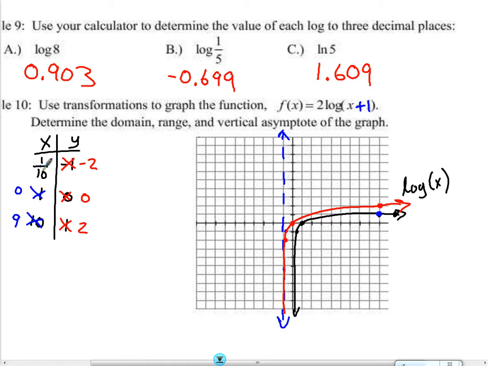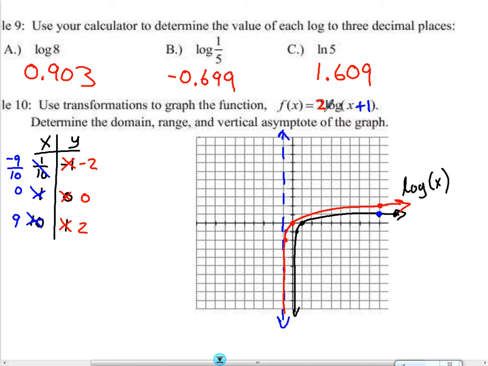Yeah, negative 9/10. So everybody okay with the blue values changing because of the plus 1, and the 2 changing the y values to stretch? Not by adding or subtracting 1, just by multiplying it by a scalar. Alright. Cool.